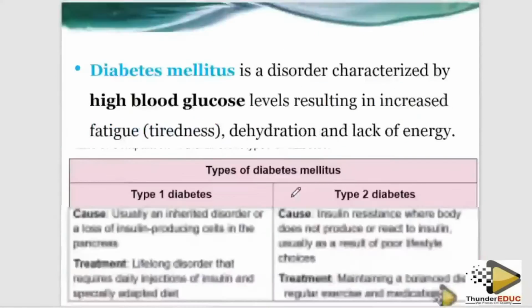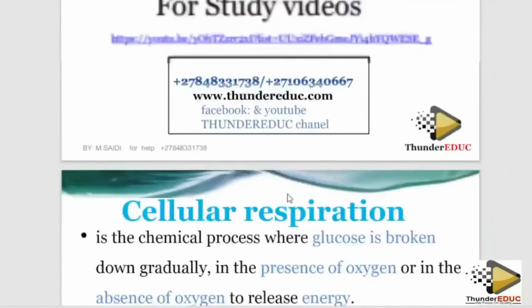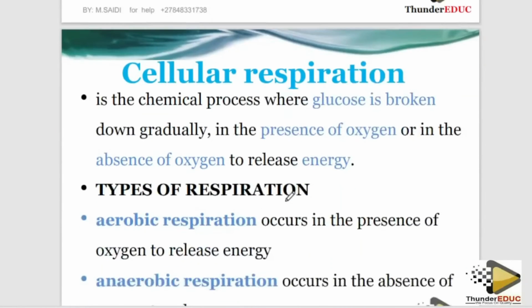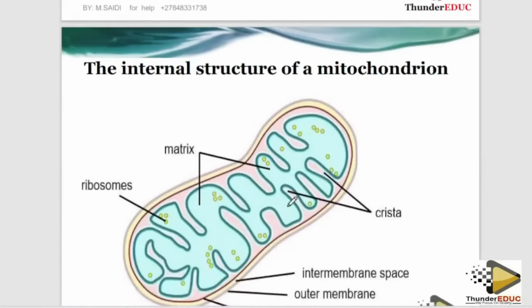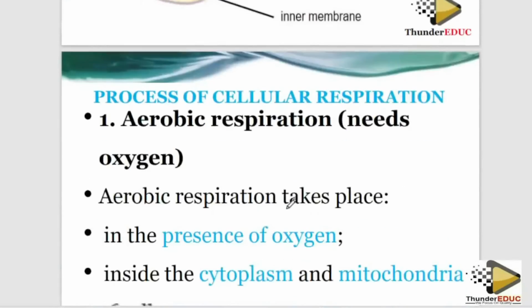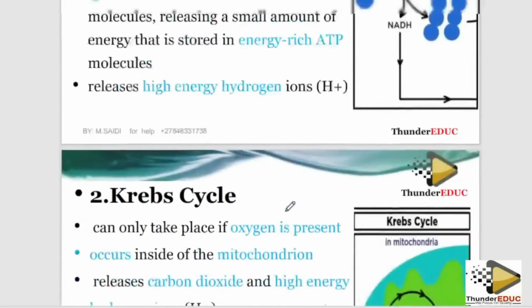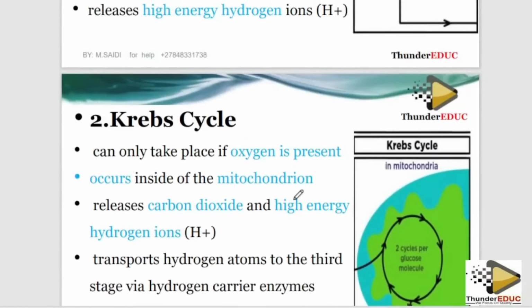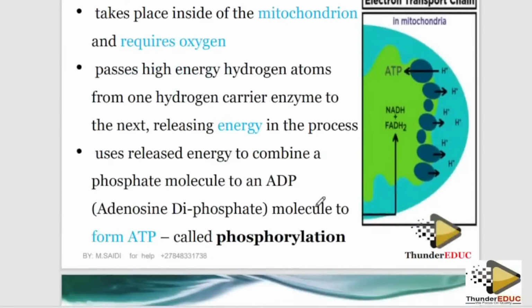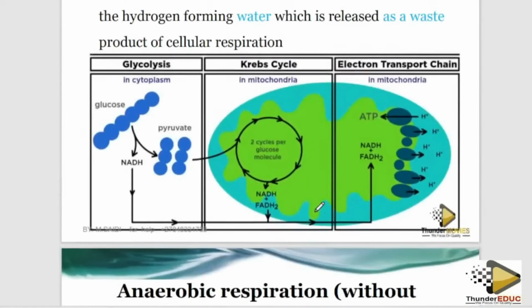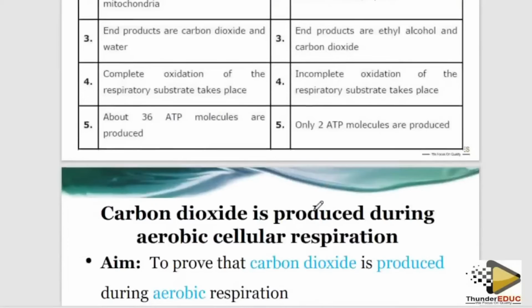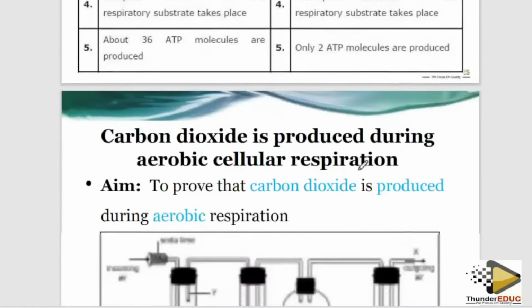Let's go to the next topic, respiration. I think I've spent too much time there. In the remaining few minutes, for respiration, what you're supposed to focus on is the structure of the mitochondria, which we have seen. Then talk about the phases: glycolysis, Krebs cycle, and oxidative phosphorylation. Then talk about the differences between them.